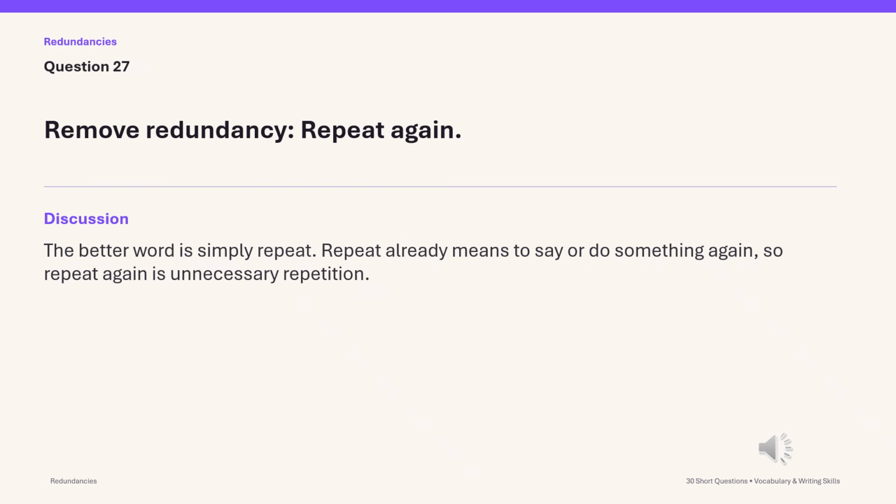There are many other examples like these that we often use in our daily conversation. For example, return back. There is no need of saying return back. Say return it to me or give it back to me. We also say final conclusion. So conclusion itself is final. So why do we use two unnecessary expressions like this? Redundancy should be avoided mainly to make your writing more clear and more precise.